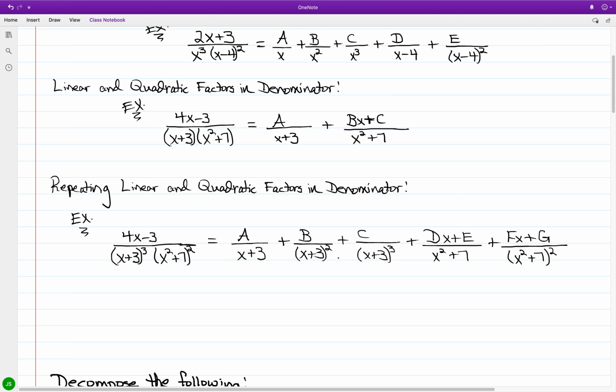So all 3 degrees to which x plus 3 is raised will be covered. And with the square of x squared plus 7, the factor is still x squared plus 7. So maintaining a 1 degree difference, we have dx plus e over x squared plus 7. And the factor is still x squared plus 7, but we're going all the way up to the square. And in the numerator, we still have linear in x, where we have fx plus g.